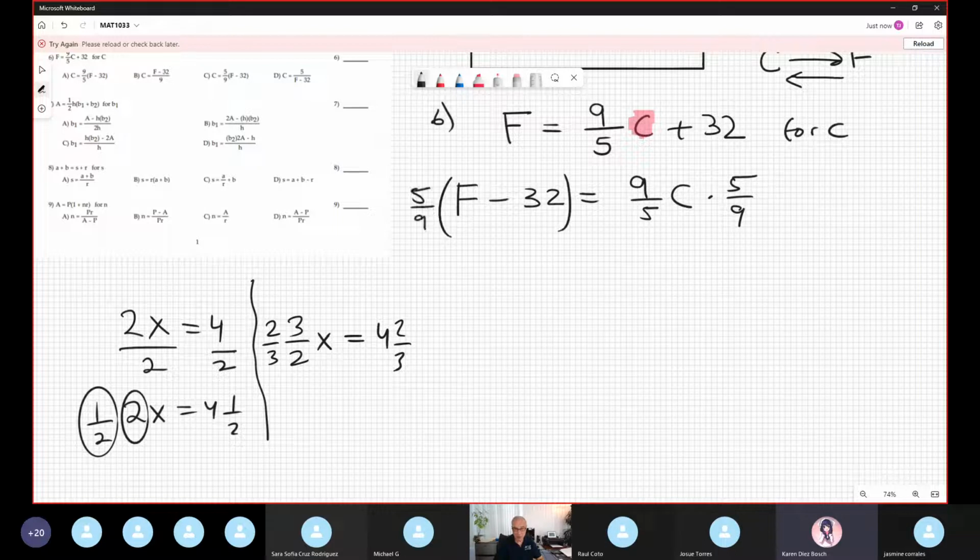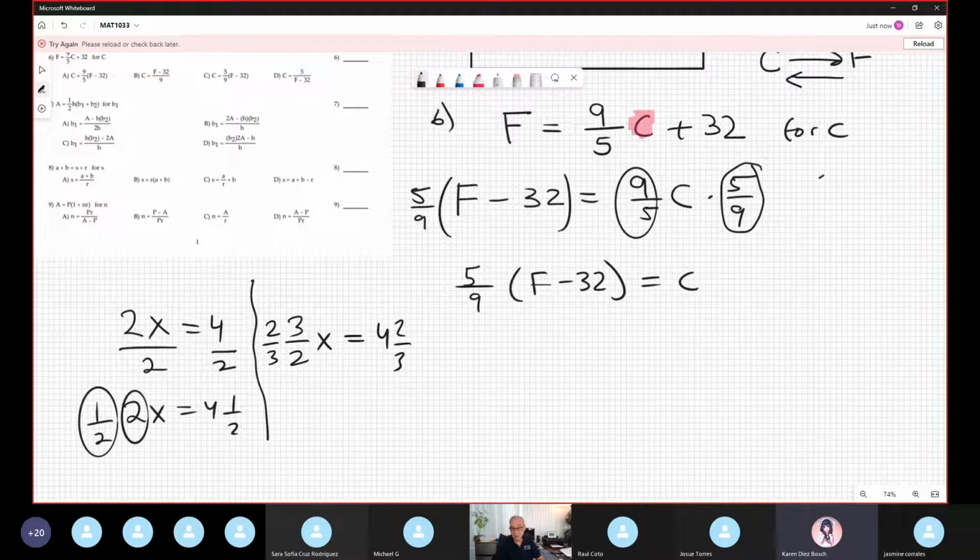The parentheses are important, because 5 over 9 multiplies not only F but also 32, both. So the answer is 5 over 9, parentheses, F minus 32 equals C, because when you multiply any number times its reciprocal, the answer is 1. Because 9 over 5 times 5 over 9 is 45 over 45.